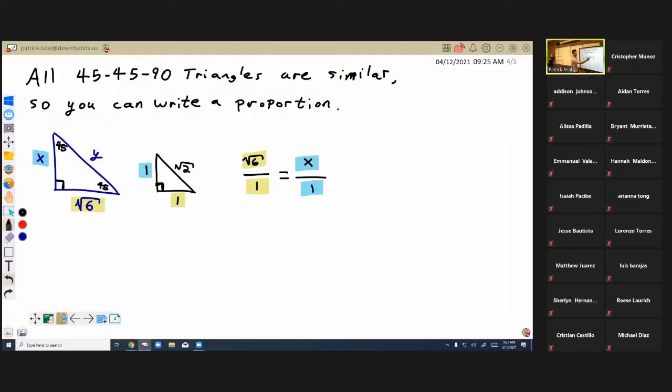When we cross multiply here, we're going to get 1 times x, which is x, and the square root of 6 times 1, which is the square root of 6. And you get x is equal to the square root of 6.